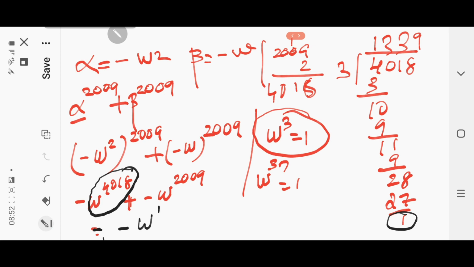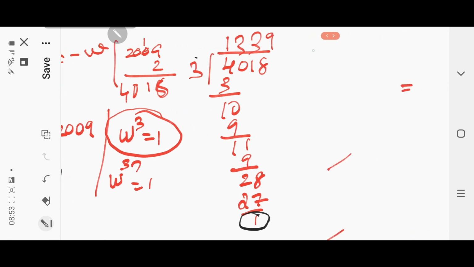You got it? Divide the higher power by 3, and whatever remainder you get, make it the power of omega. Again, what is that? Omega raised to 2009, right? Yes.